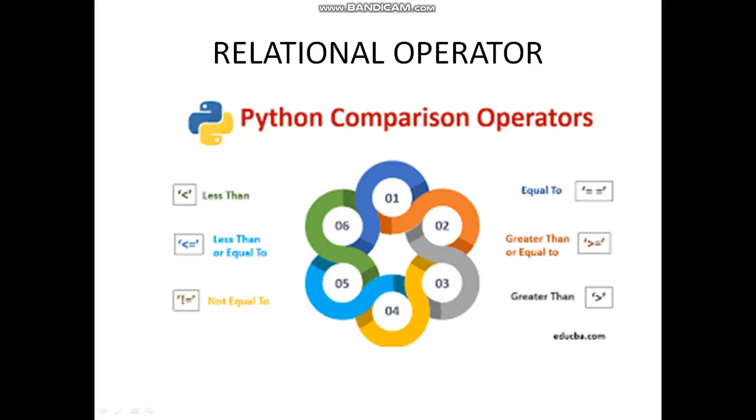So the output would be, if you give x less than y, which is the lesser one? If it is true, which means that if 5 is less than 3, is it true? 5 is less than 3, it's false, right? So it will give you false. If 5 is greater than 3, then it's true, right? 5 is always greater than 3, isn't it?